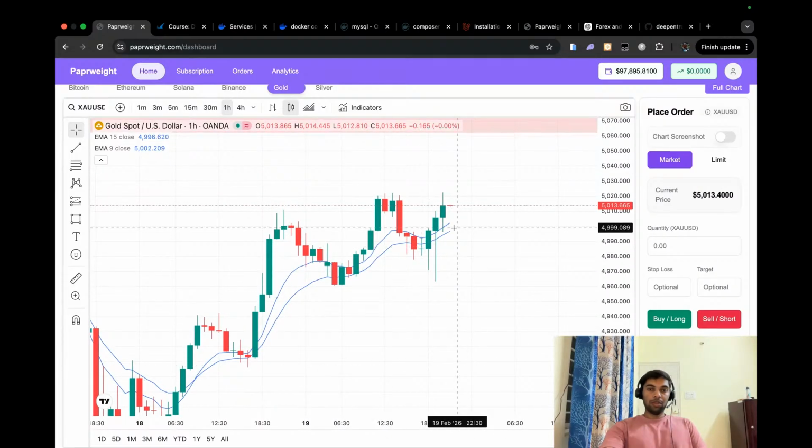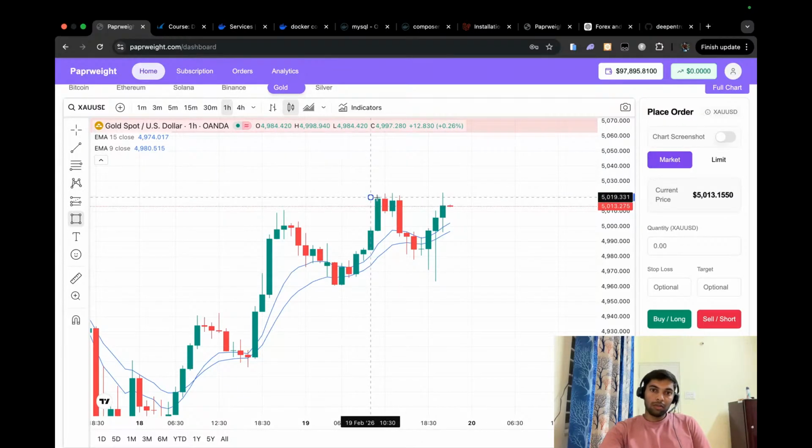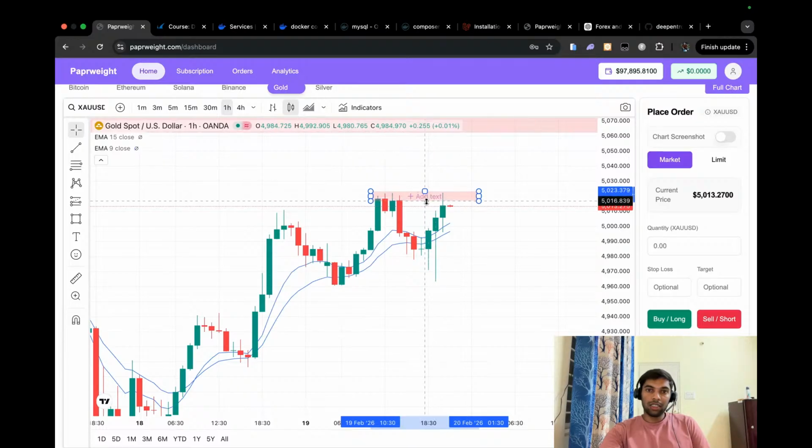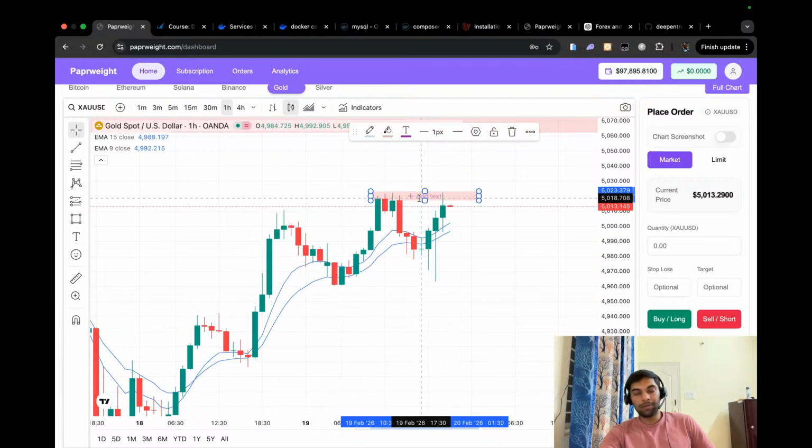So this is also showing the presence of sellers at this point, and this is the instantaneous, or you can say the nearby selling zone where the market has reversed quite often.